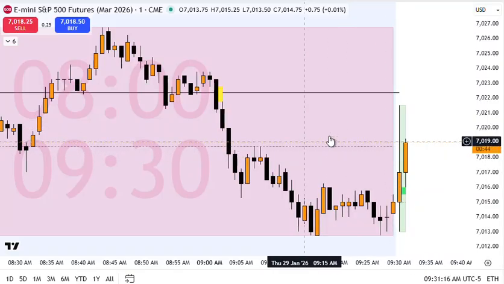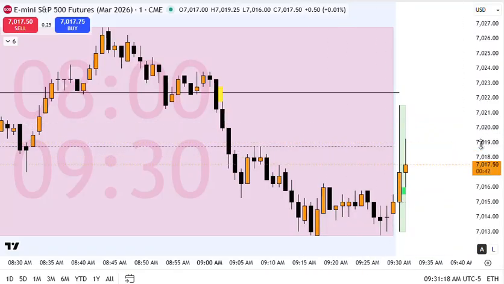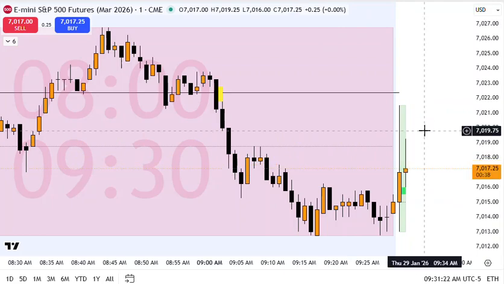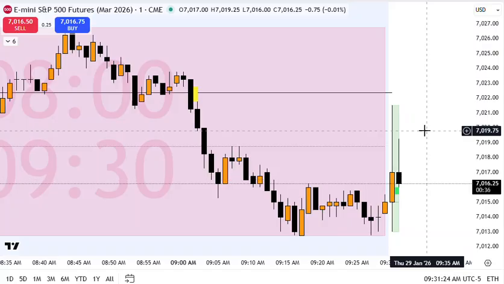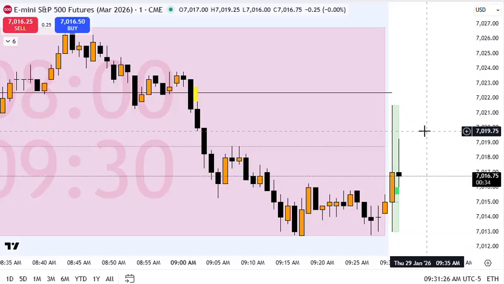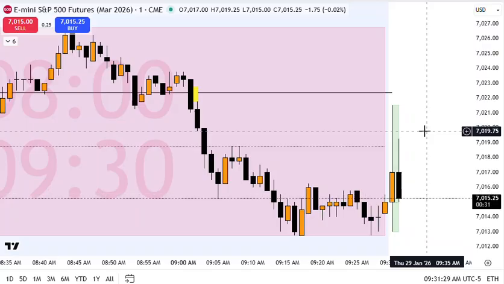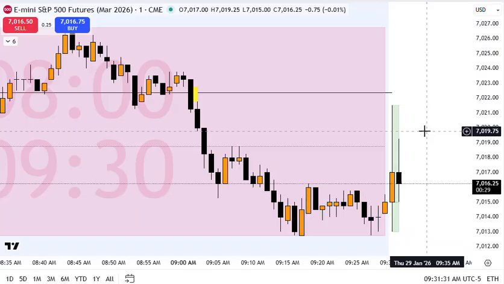All right, so as usual, what we're going to do first is let the market give us a direction. We need the first 30 to 40 minutes to determine direction.